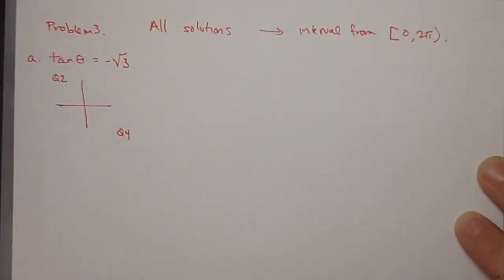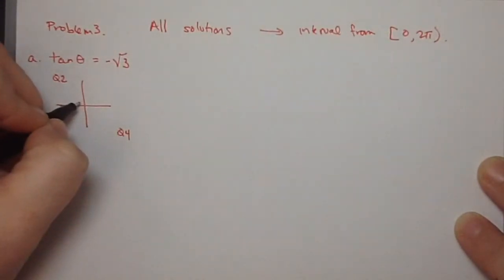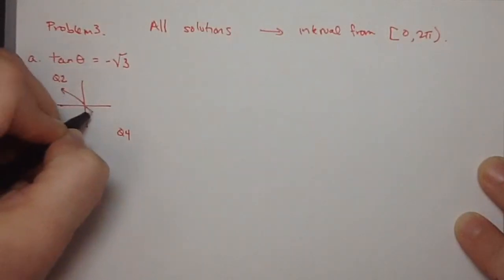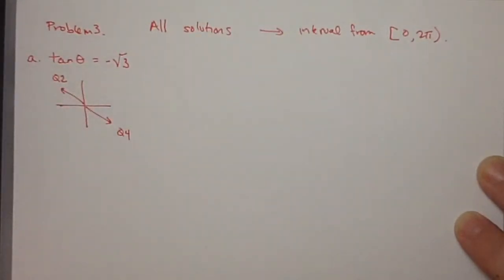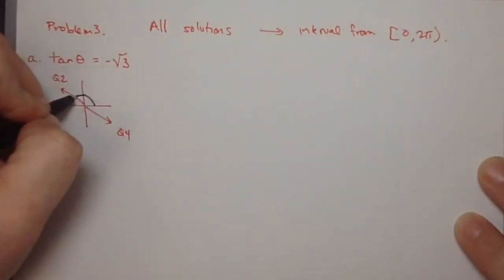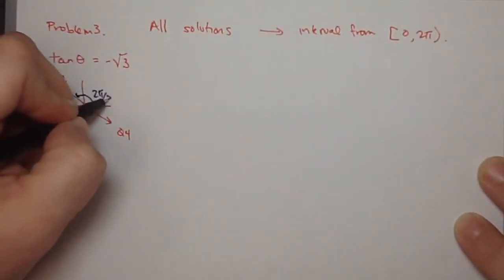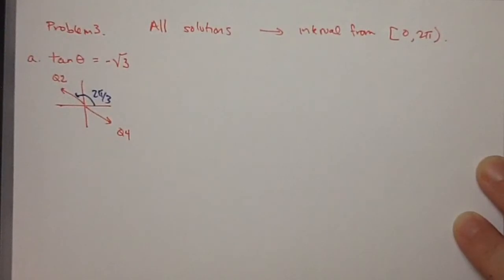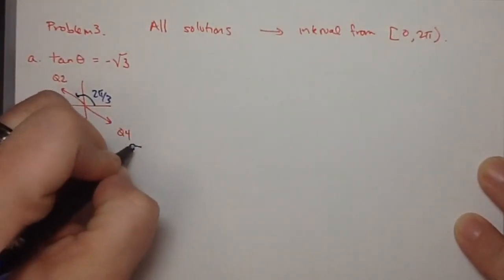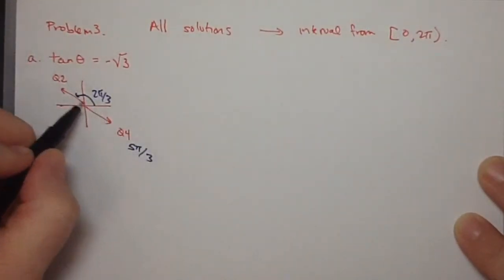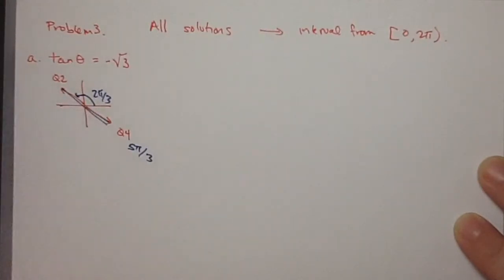So think about this. Negative square root of 3 here and here, okay? So this is 2 pi over 3, right? That's our terminal angle. And this is 5 pi over 3. Notice they're on the same line.